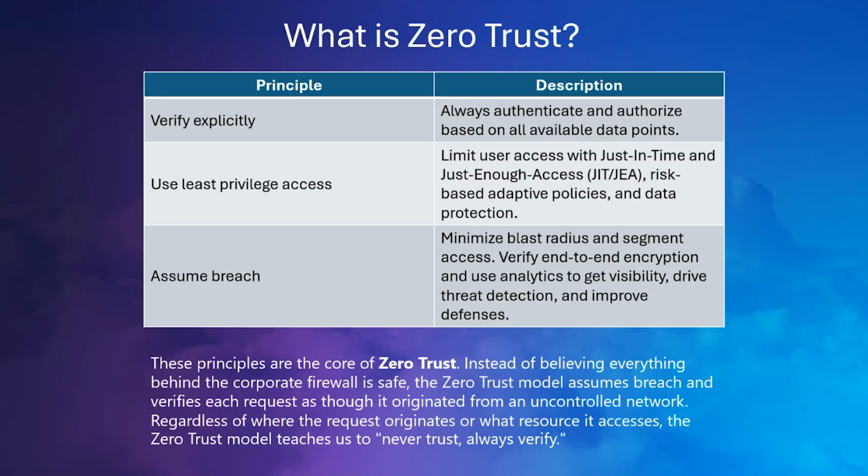We also have least privilege access, which is just in time with just enough access. The idea behind that is I'm only going to give you access to what you need at the moment for the time being, but I'm not going to give you additional roles that you might not need at this time. So we should always keep that mindset that we only assign necessary roles to users.